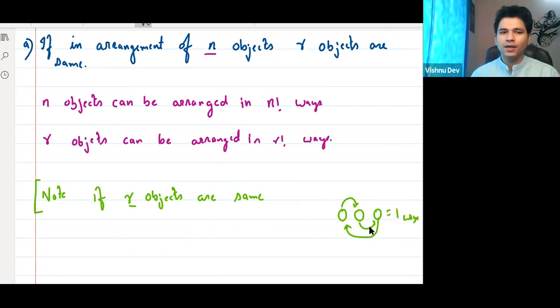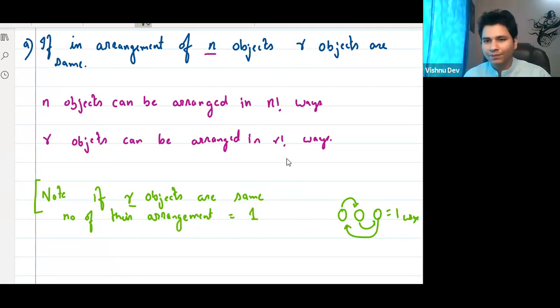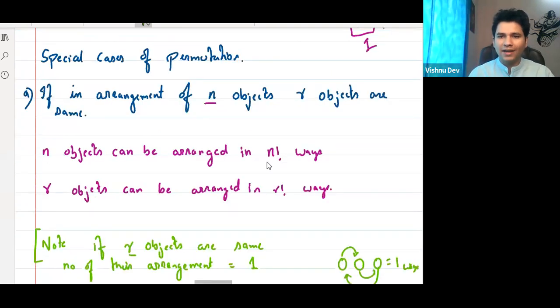So if our objects are same, then the number of their arrangements is equal to 1. Yes or no? Everyone, step by step.